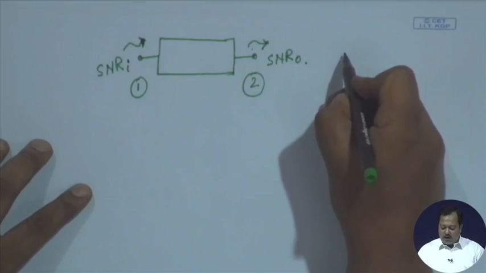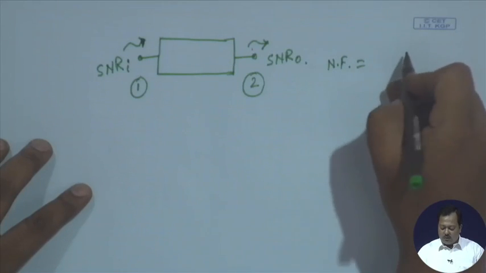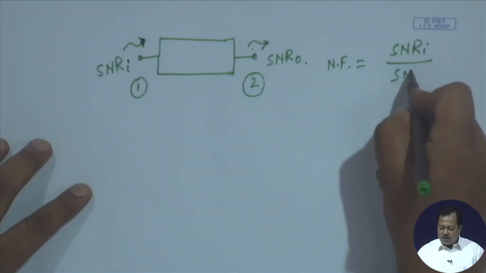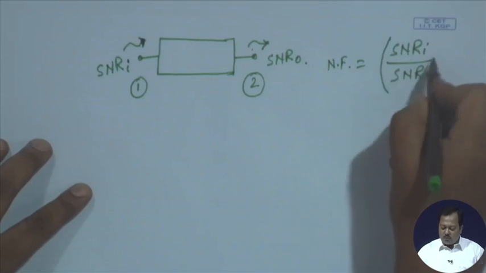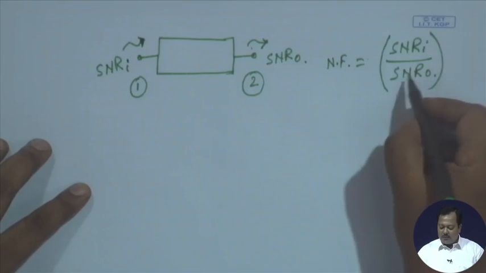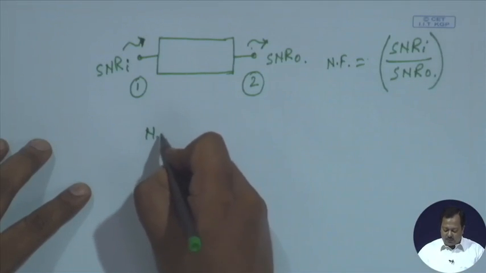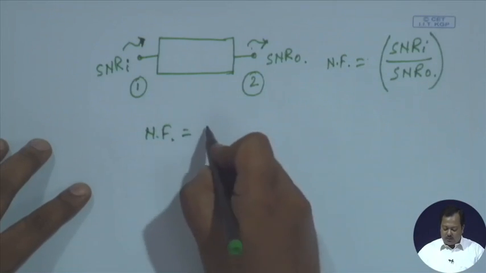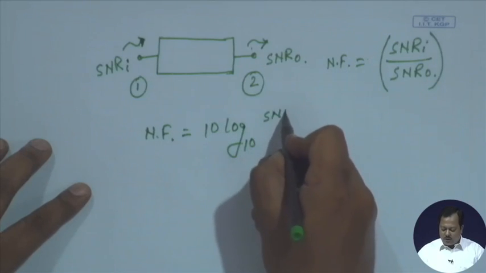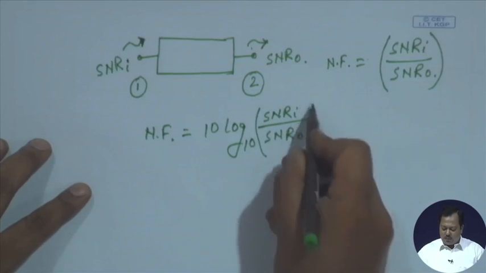Now, if I take the ratio of the SNR at the input and the SNR at the output, usually we represent it in decibel scale, and we call it the noise figure. So, the noise figure is represented in decibel scale as 10 log 10 of SNR at the input divided by SNR at the output, in dB.